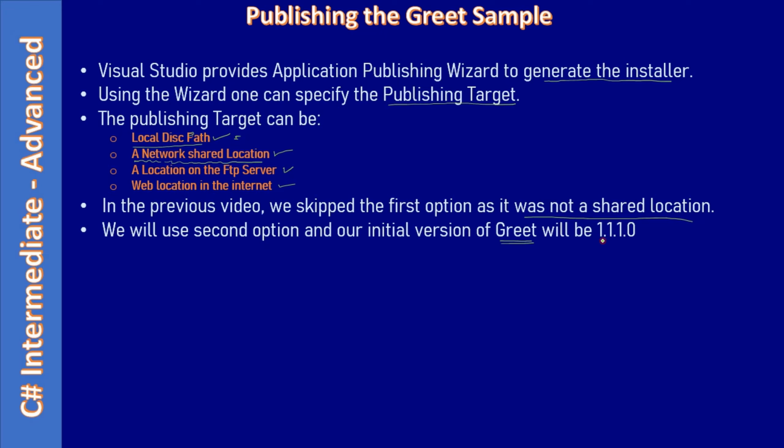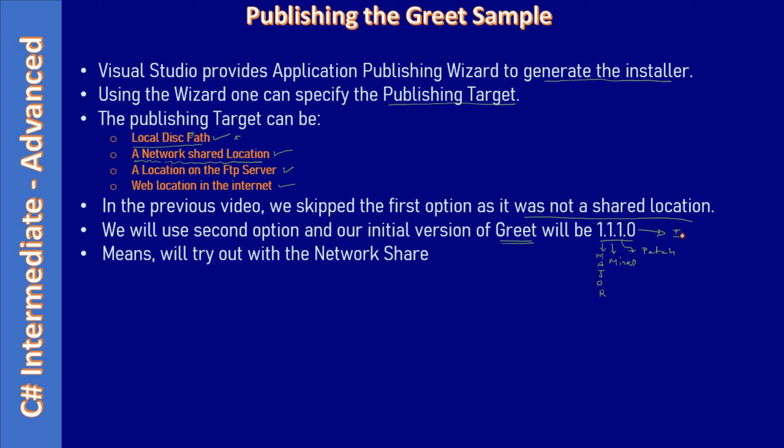So we will number this as 1.1.1.0. That's how we are going to version it. This one will be the major version and this one will be the minor. This will be for patching and this one will get incremented automatically.